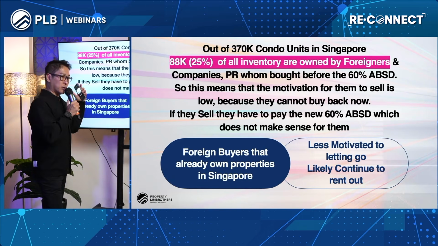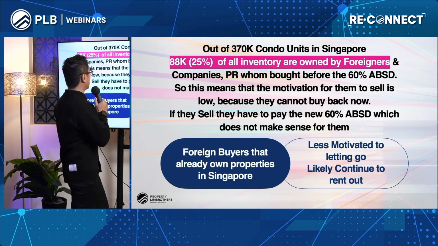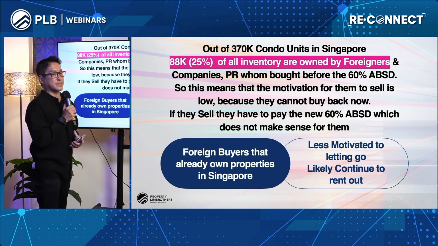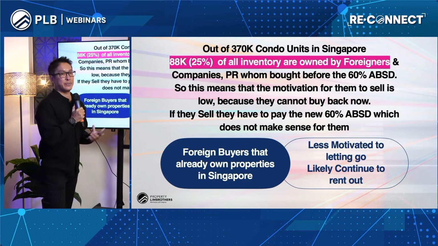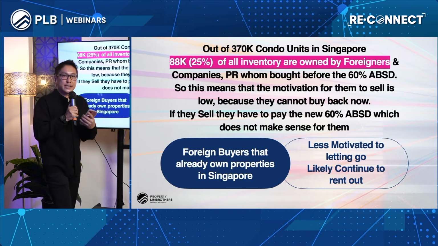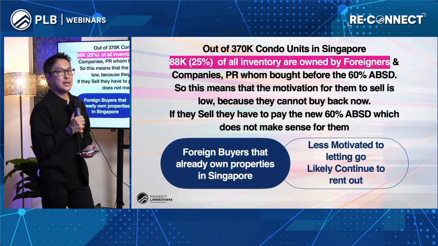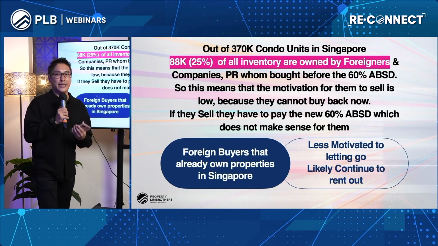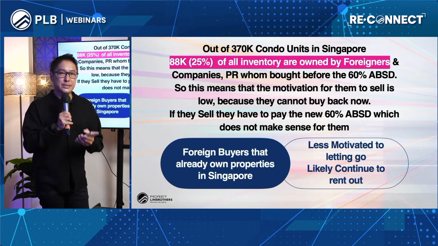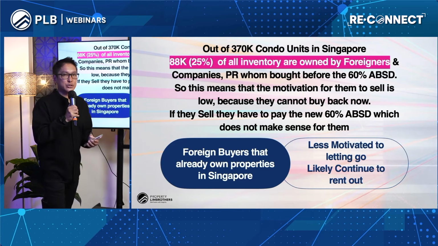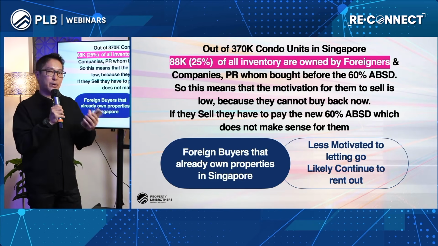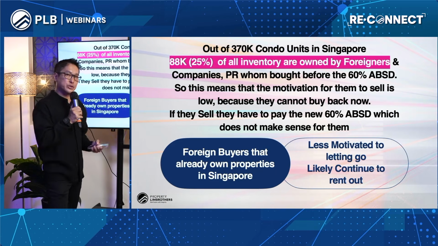Out of the 370,000 condo units in Singapore, this 25% will definitely affect the transaction volume in that particular condo. PRB has all the data over here, and this will help you make a better decision on which type of property, and also which region you are looking to buy in.